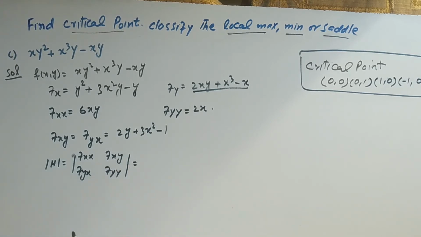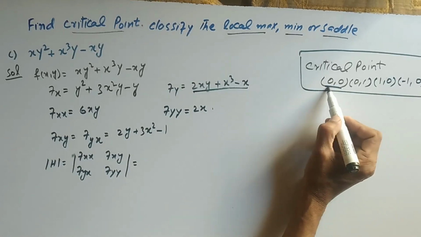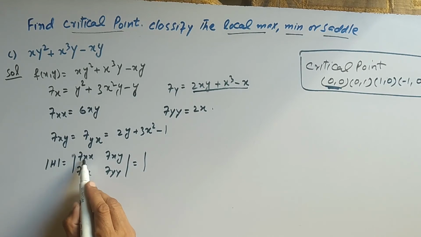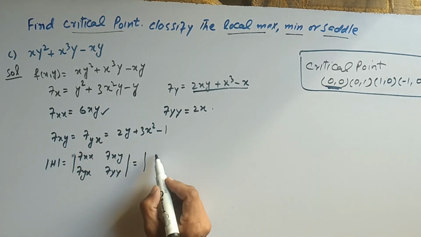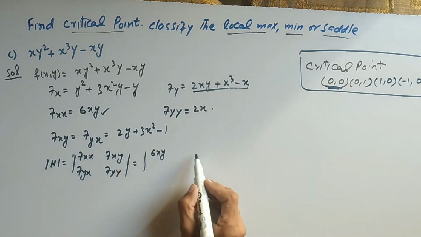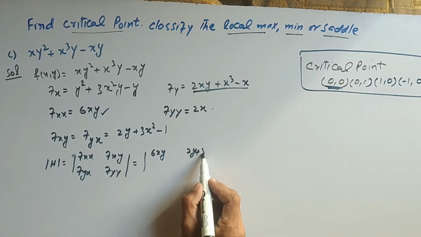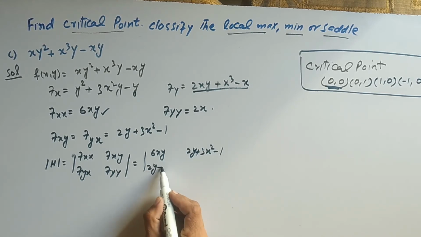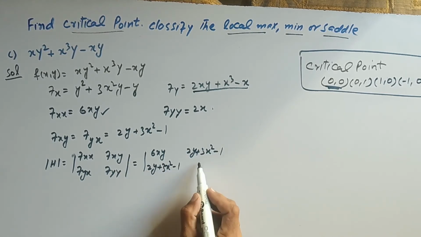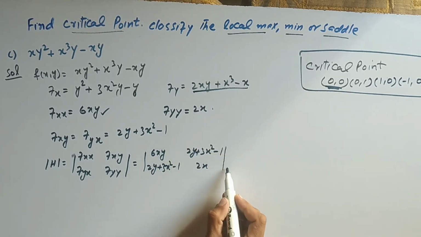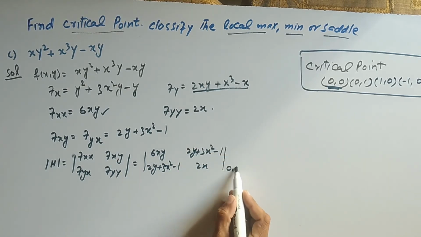Now first of all, my first critical point, that is 0 0. f double x is 6xy. f of xy is 2y plus 3x square minus 1, and the same will be here, 2y plus 3x square minus 1, and f double y is 2x. At the value 0 0, the first critical point is 0 0.